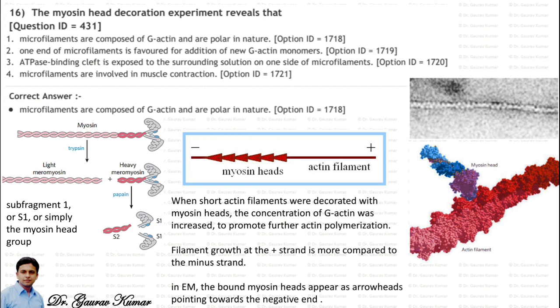On the negative pole, the myosin head groups are arranged like arrowheads, so that's why it is called myosin head decoration. And on the right hand side, the G-actin subunits were polymerized at the plus side. So as the question says, the myosin head decoration experiment reveals that the microfilaments are composed of G-actin and are polar in nature.